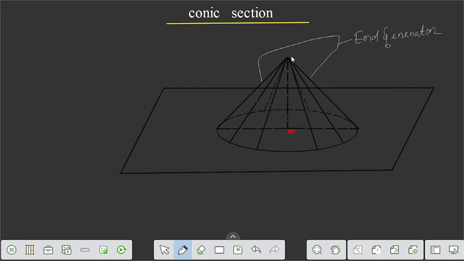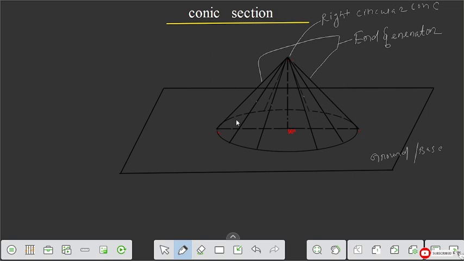This is our right circular cone. This is our ground or base, in which the cone is mounted.